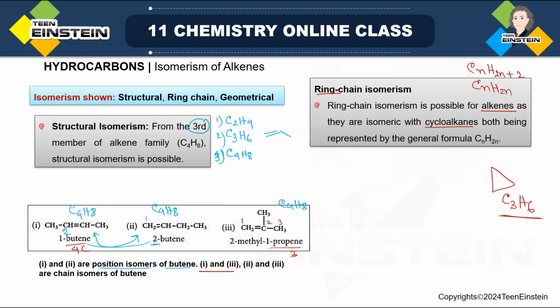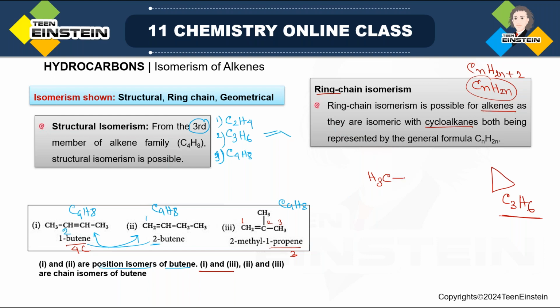Because the two terminals are connected, so obviously the requirement of hydrogen is now less. But this formula is also the same for alkene. So that is the reason that if you take an alkene with 3 carbons and a cycloalkane with 3 carbons, these two will have the same formula. That means the number of carbons and hydrogens is the same, and that is why they can form ring chain isomers.